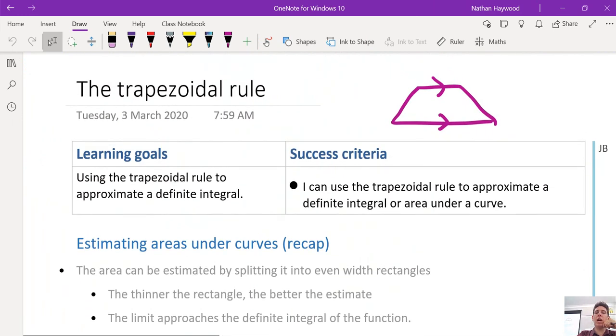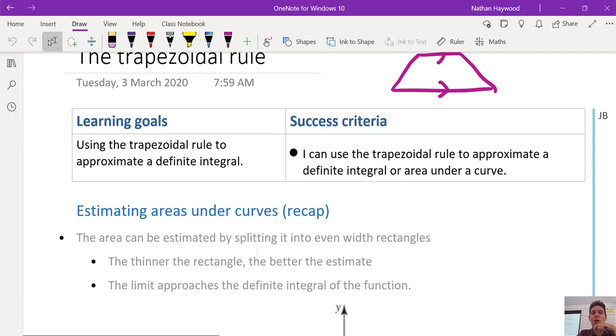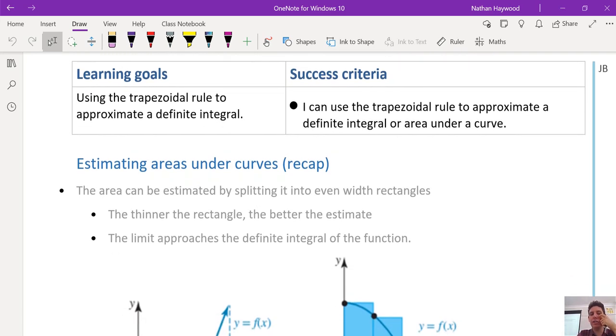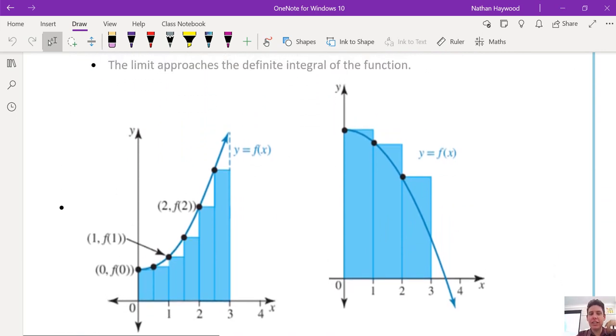We're kind of shifting away from integrals for a moment, going back to just shapes, essentially. It's just a different way to find the area under a curve. So you can see here's an example of trying to get the area under these curves using just rectangles.